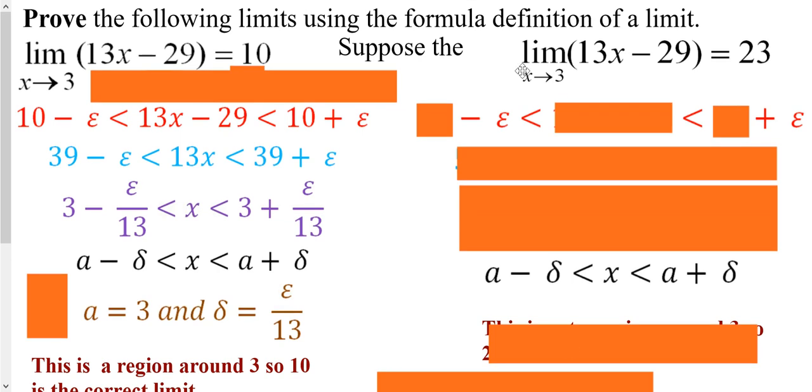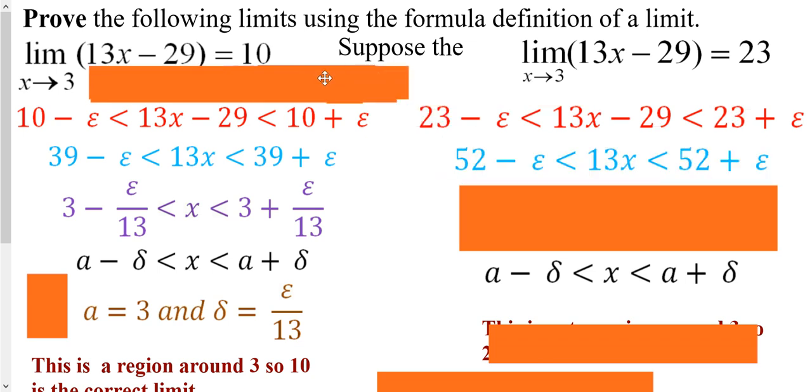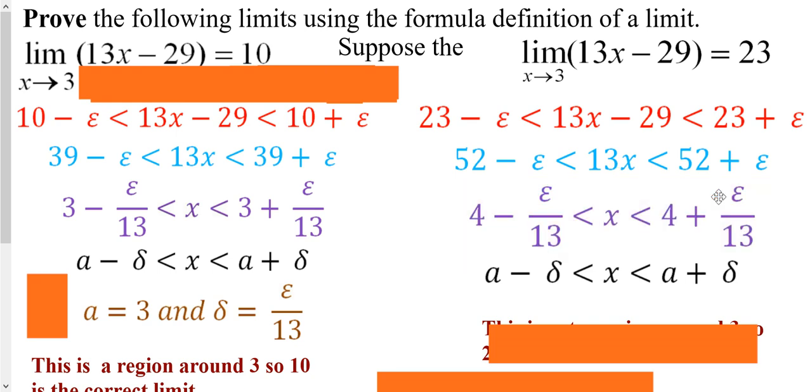Now, suppose we take the same problem and we said our limit was 23. We know that's not our limit, but for argument's sake, what happens if you have the wrong limit here? Well, you'd still take your function, take what you think is your limit, and solve it by adding your 29 and dividing by your 13.